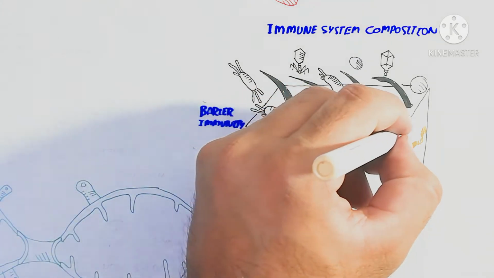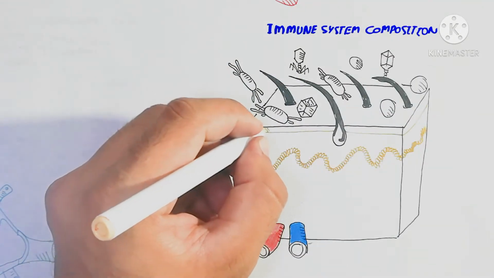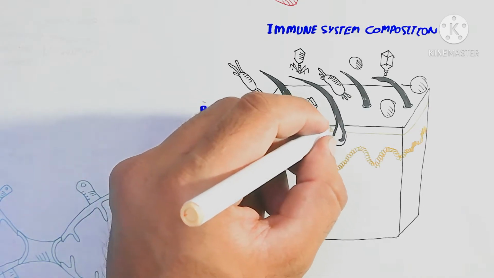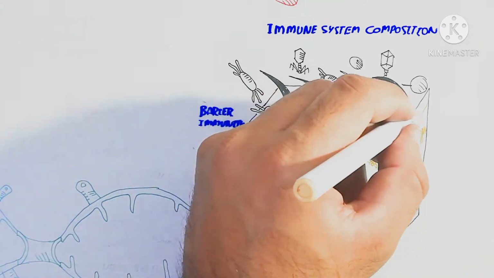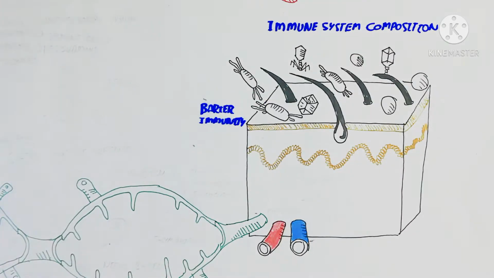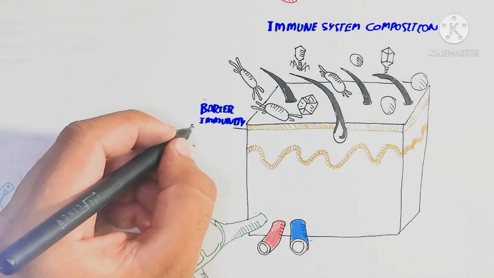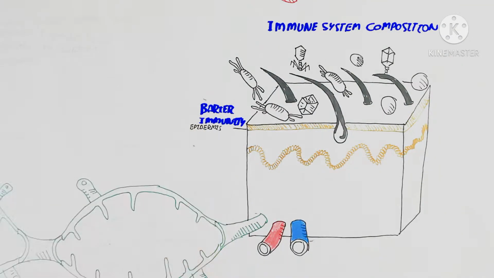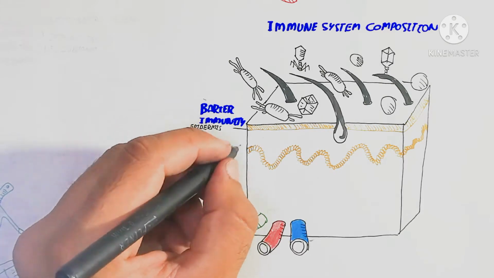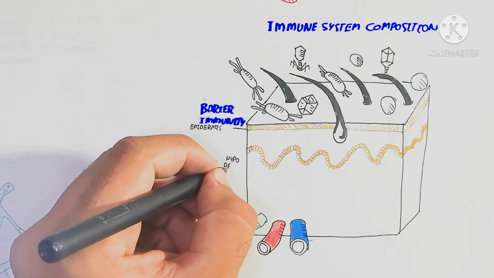Skin is a barrier, and the dead skin is used for the barrier immunity, while the hair shaft and hair follicle we will not discuss. So here is the pathogen.